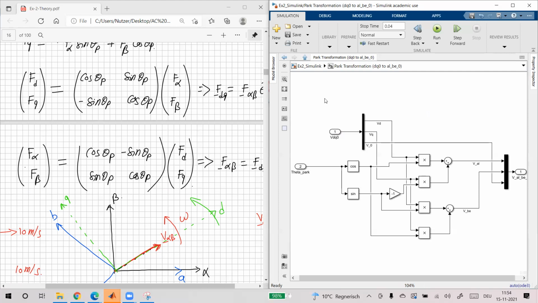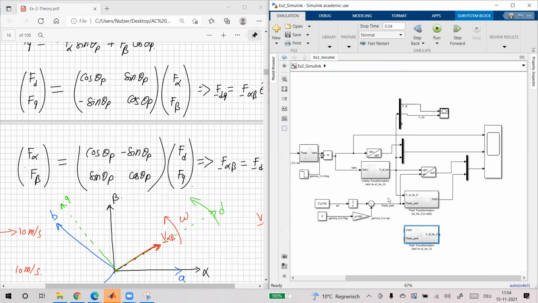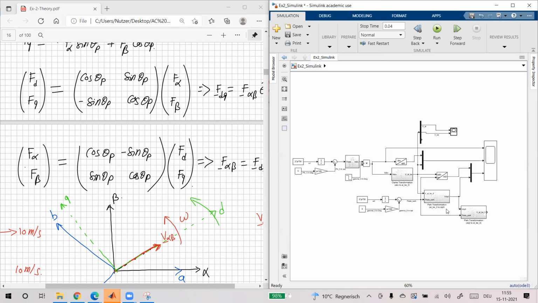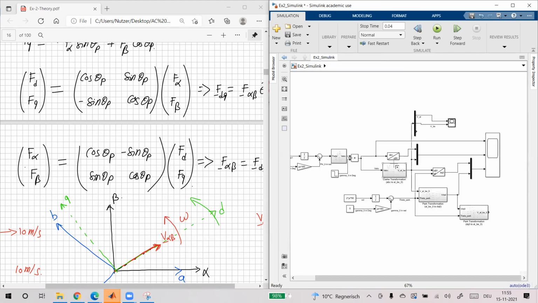You can keep on doing, and if you have questions, you can ask the questions. If you have done this, you can connect it like here, the Vdq, then the theta is the same theta. You would like to compare this with your alpha beta, right?